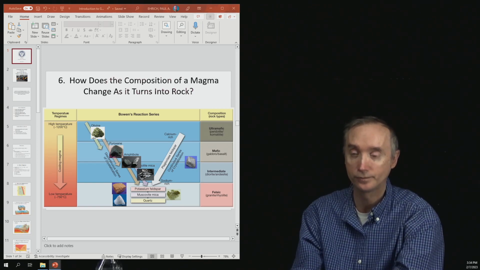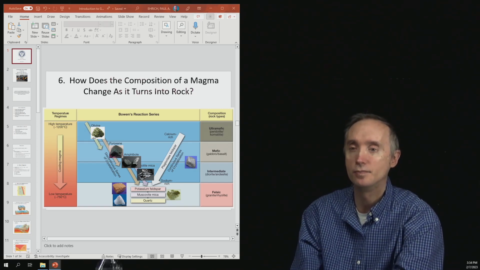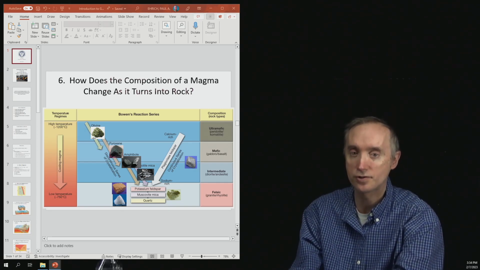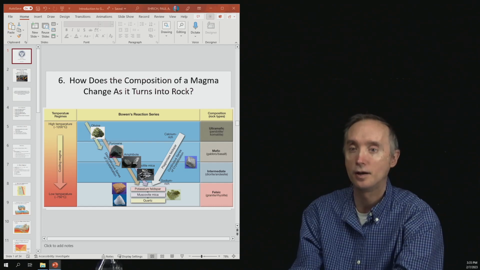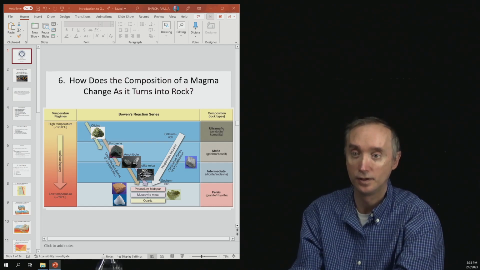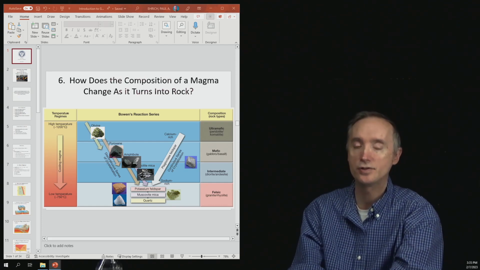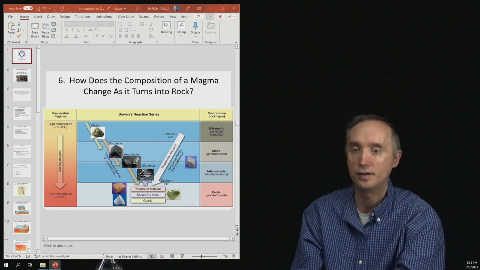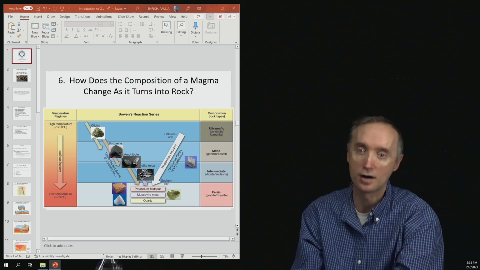It's in between. So finally, we're going to allow this melt to finish crystallizing. The final minerals that you would end up with this time would be potassium feldspar, muscovite mica, and quartz. This combination of minerals tends to make the felsic igneous rocks.